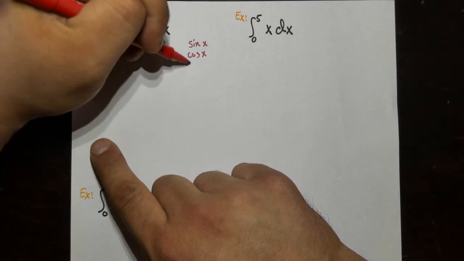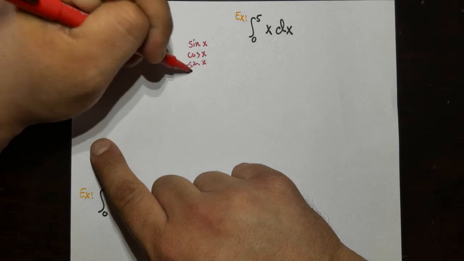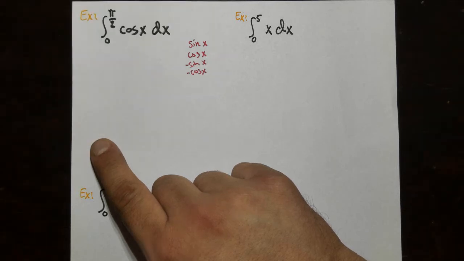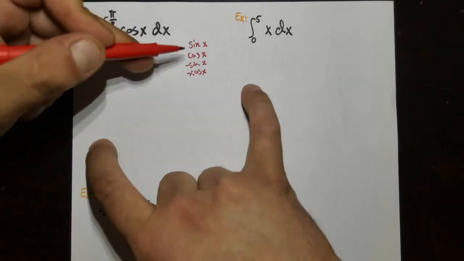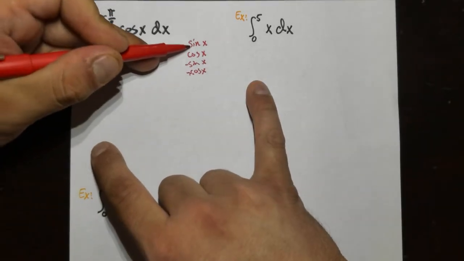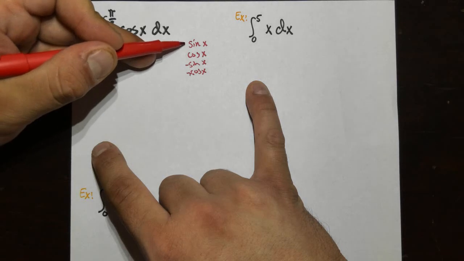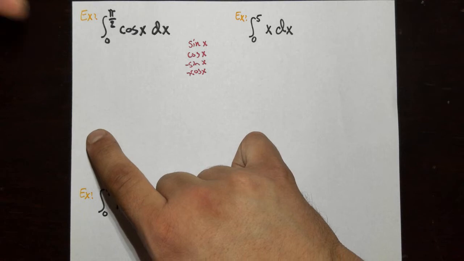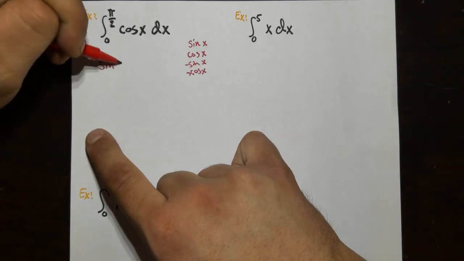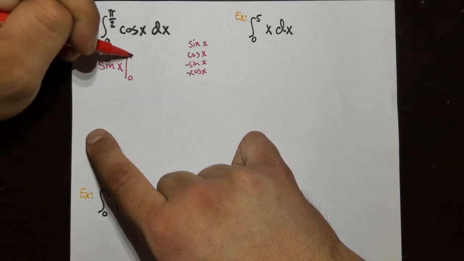The derivative of that was negative sine x, and the derivative of that was negative cosine x, and then it just restarted again. The derivative of negative cosine x is sine x, and so on. Well, if we're starting at cosine x, doesn't it make sense that the antiderivative of cosine is sine? And yeah, that's exactly how it works. So we can say sine of x from 0 to pi halves.